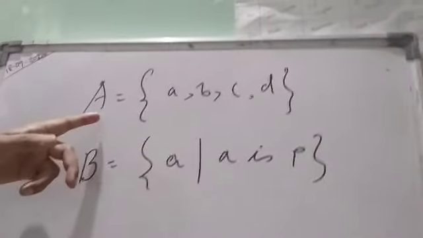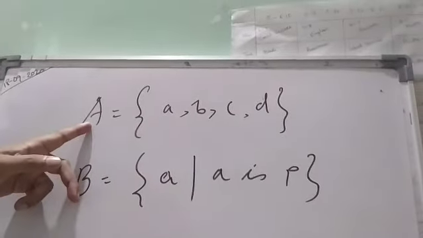Suppose this is a normal set and this is another set in which we have written a, where a is P. So students, these are the two types of way of writing a set.